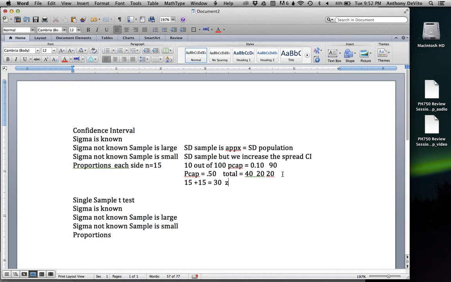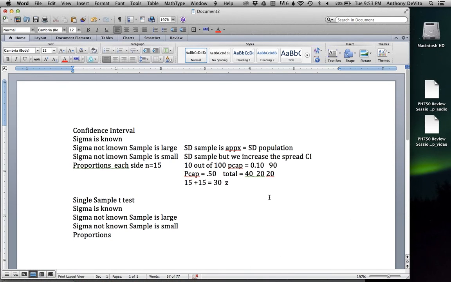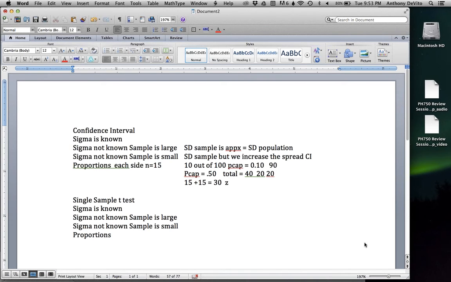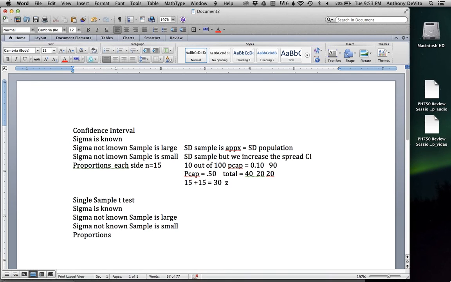That's the reasoning behind using that Z-score. It's kind of a little bit of a twisted reasoning. If you're a real, professional, high-end statistician, it's kind of simplified, but that's the logic behind it. Okay, when we deal with proportions, we don't consider the t-test because we're only going to do it when we have a sample size of at least 30, including 15 in each part of the proportion.